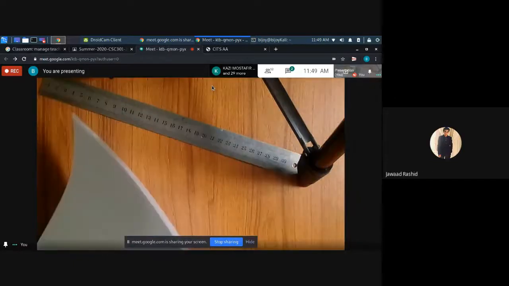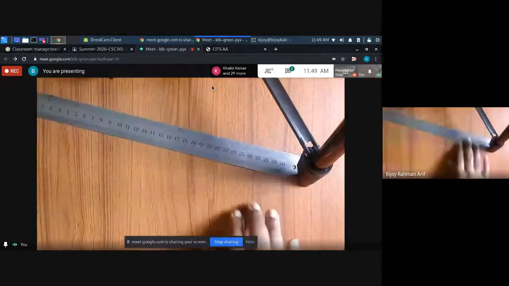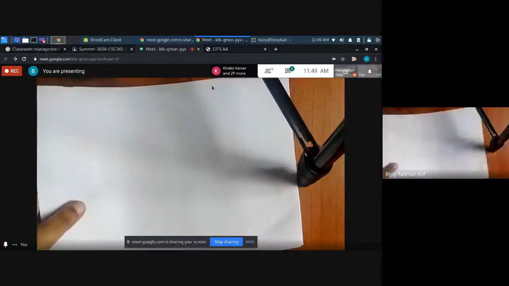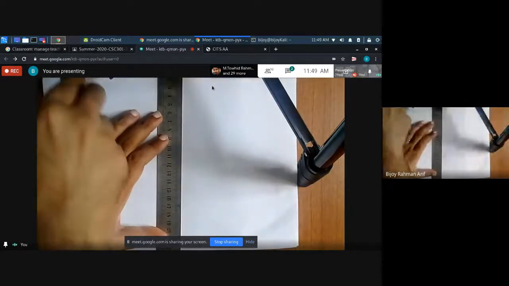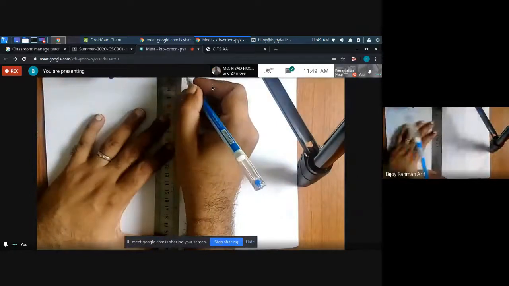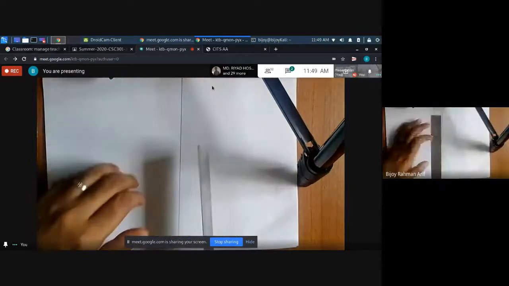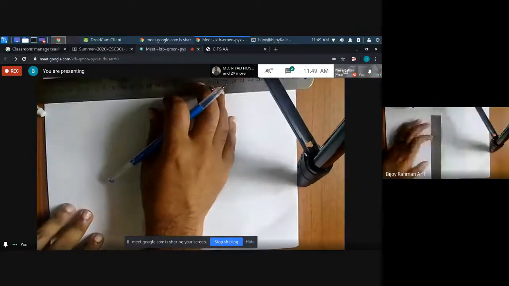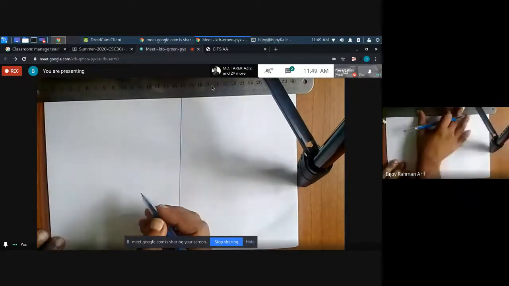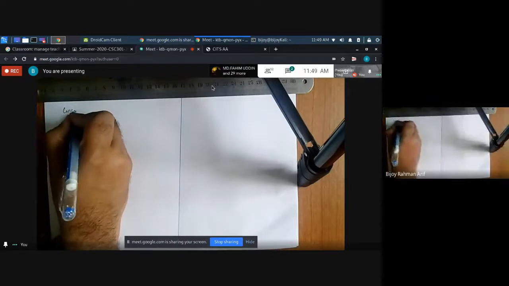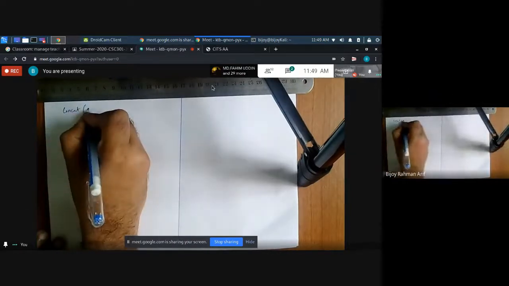It's clear now? Let's go to concat. This is represented by dot.